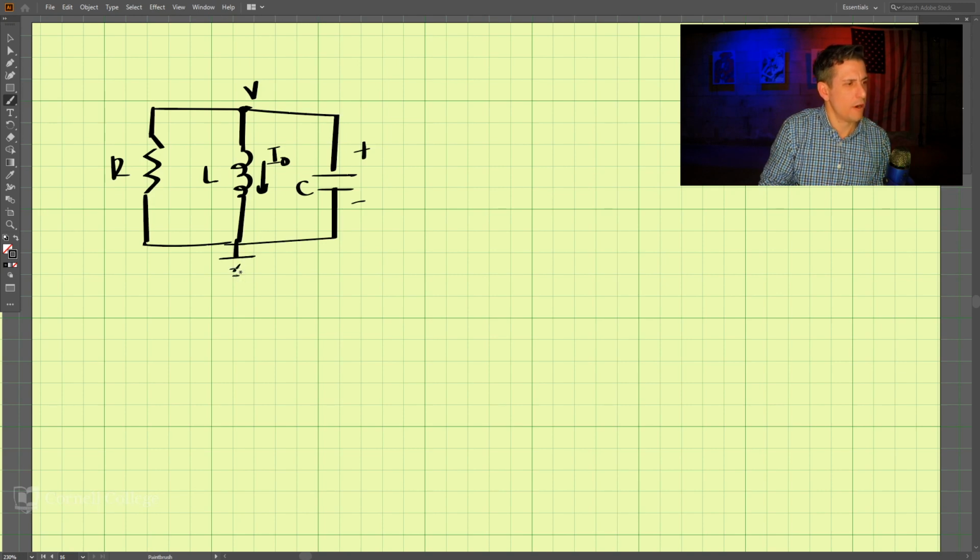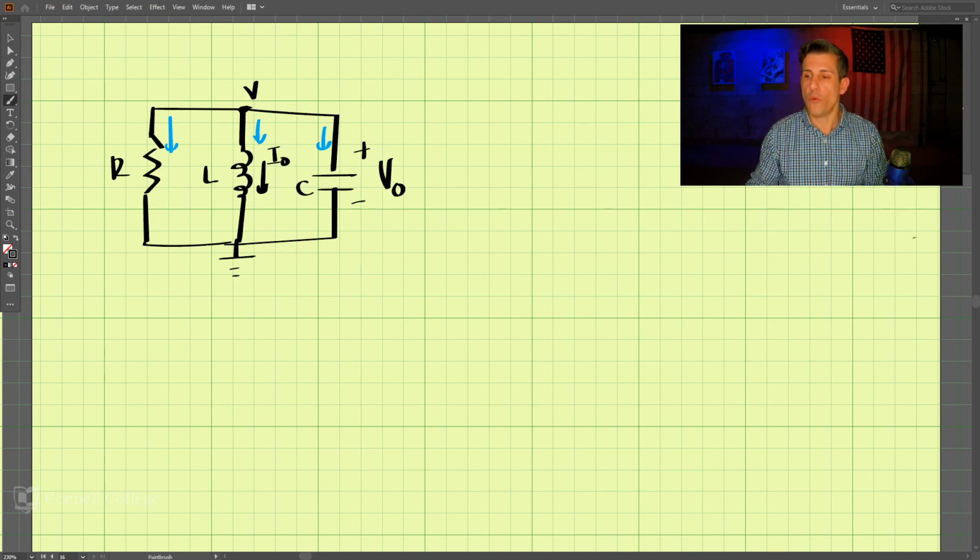And we have our ground here. And then we're going to have our current through each of these here. And we have our initial voltage. Our initial voltage here is V0. That is our initial voltage with our initial current here. Now with that, we have our circuit.